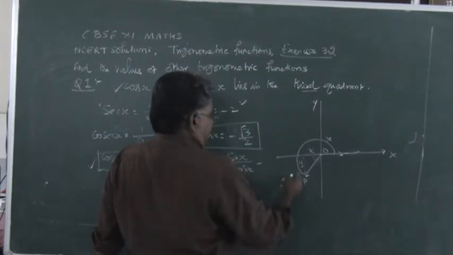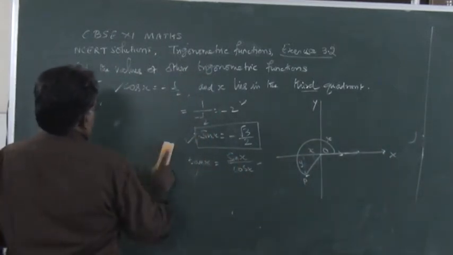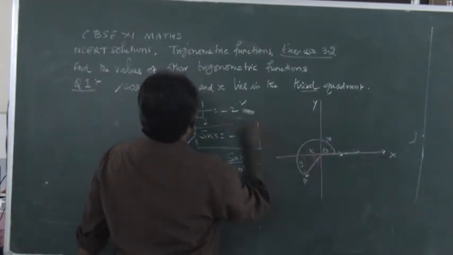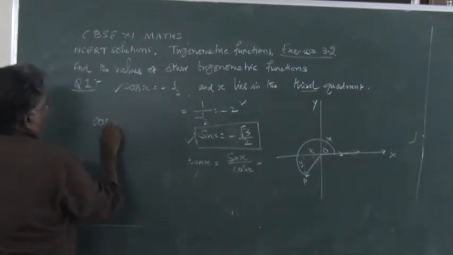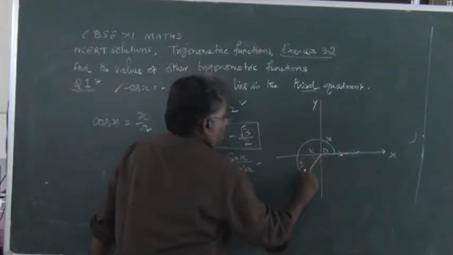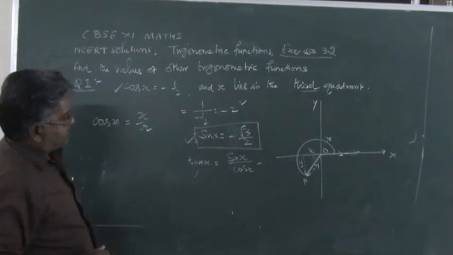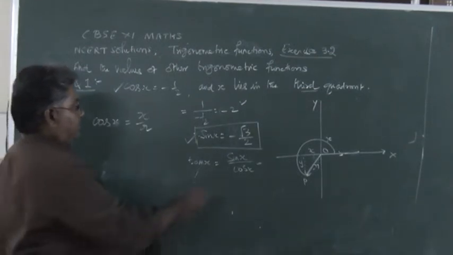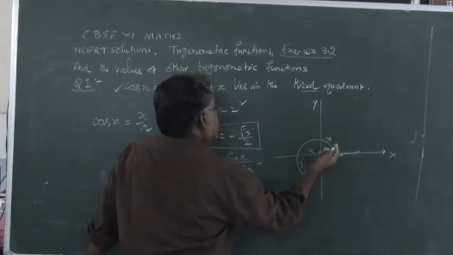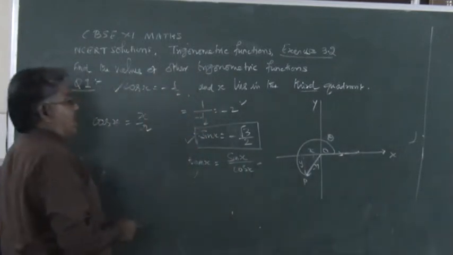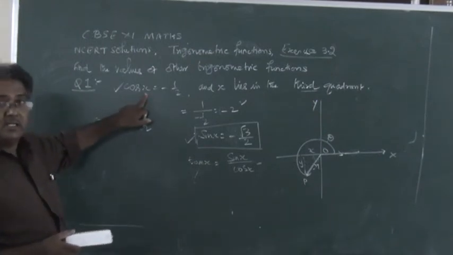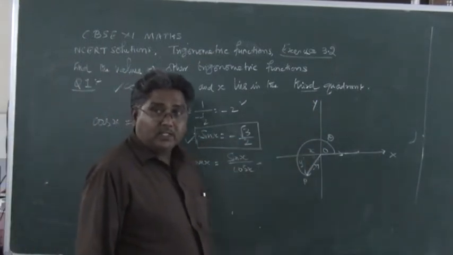So, cos x will be x by r, let us say this is r, OP is r, and cos x is x by r. Sorry, this x is the angle, so I just change it into theta. The given question's angle is taken as x, but we need to take x as the x coordinate.